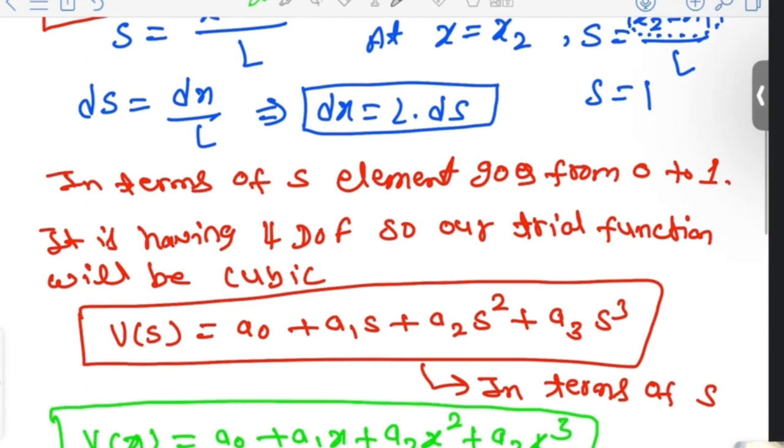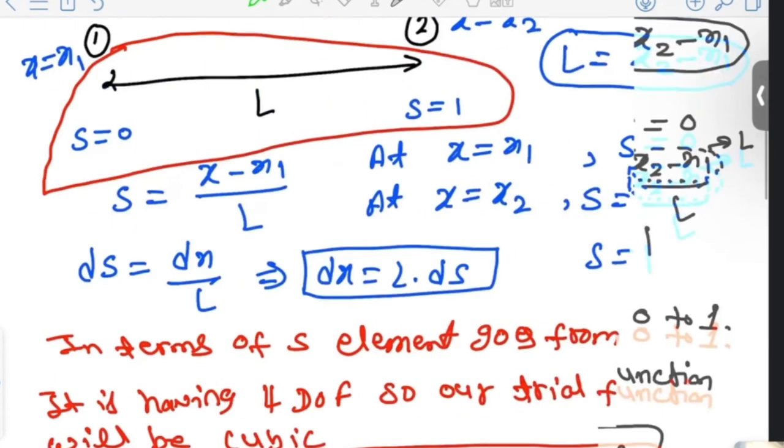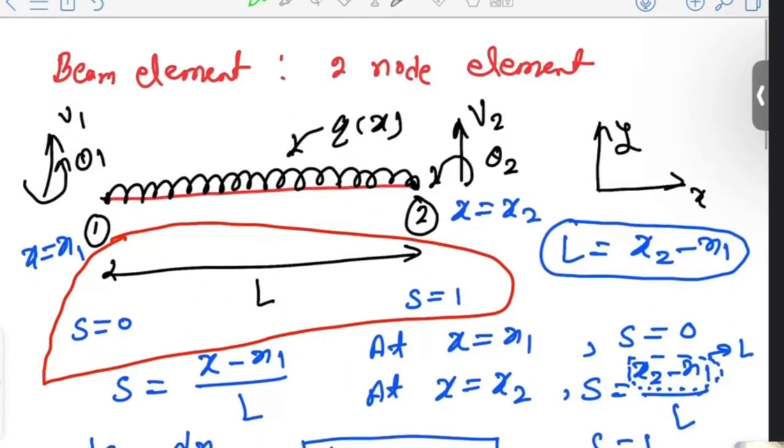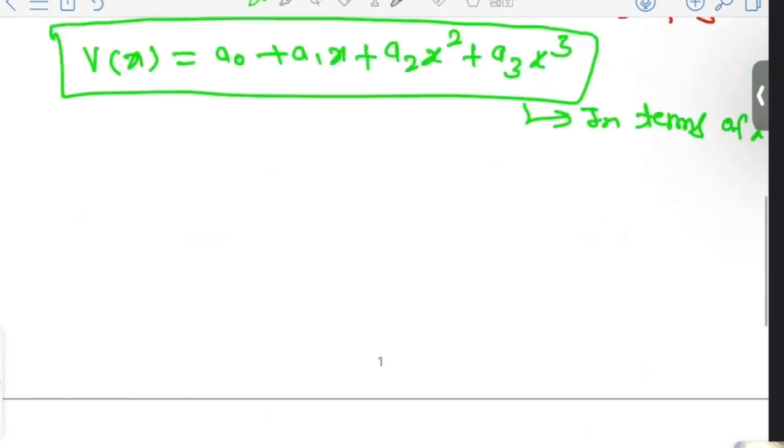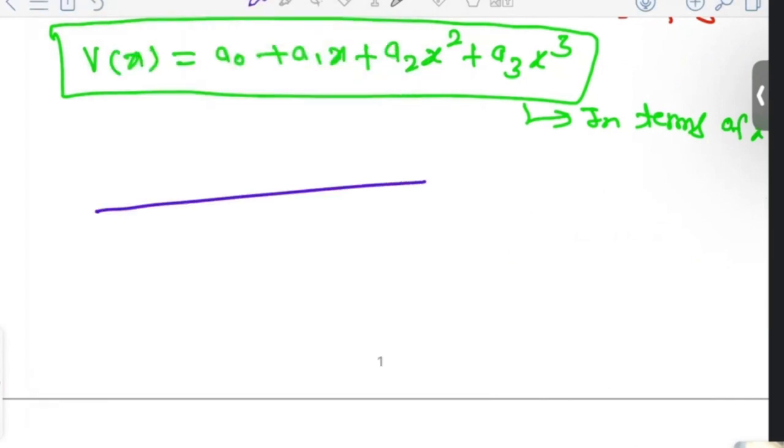What will your boundary conditions be? This is our new element, with s equal to 0 and s equal to 1.